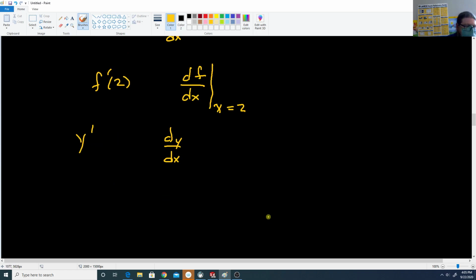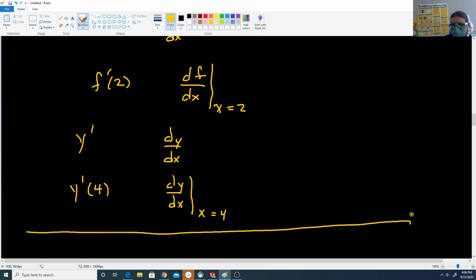If I had something like y prime of 4, that would be dy dx evaluated at x equals 4. So now we have two different notations we can use to talk about derivatives. We have prime notation here, and we have Leibniz notation over here. The AP test uses them interchangeably. So sometimes you'll have prime notation, sometimes you'll have Leibniz notation.